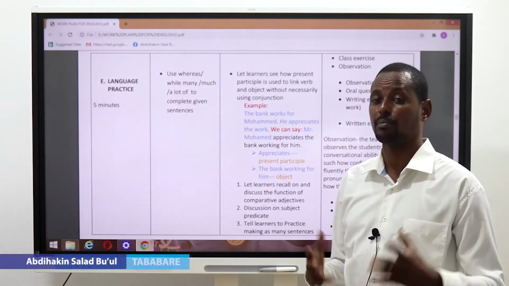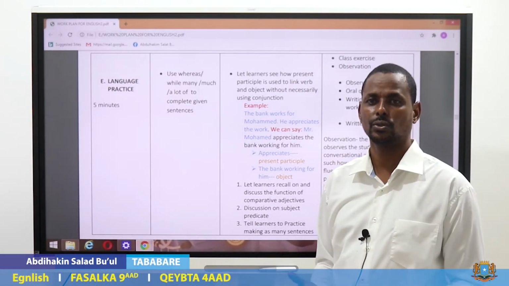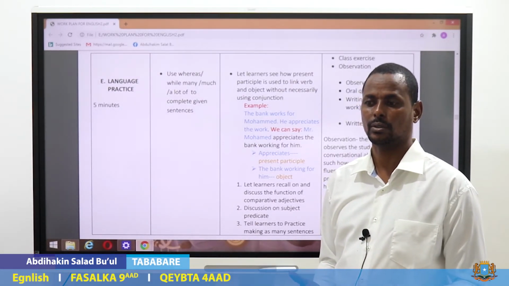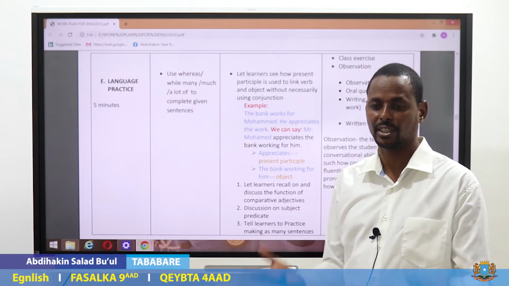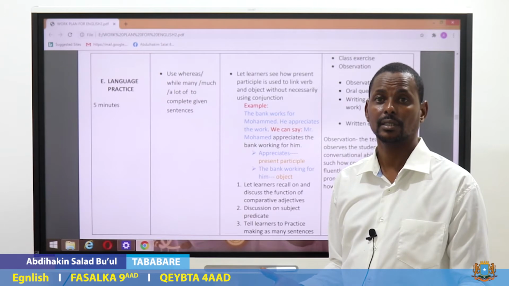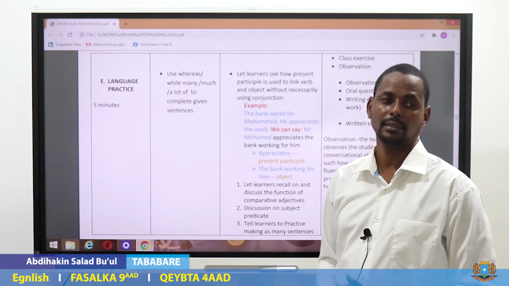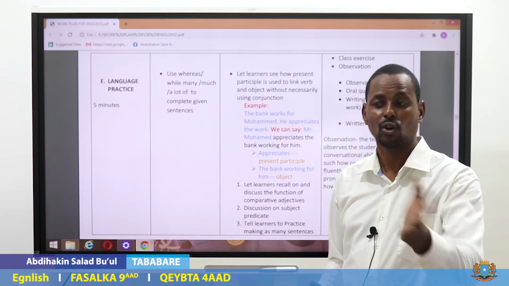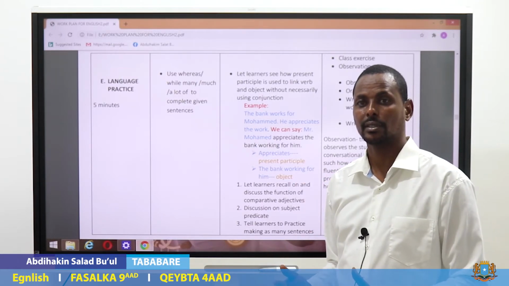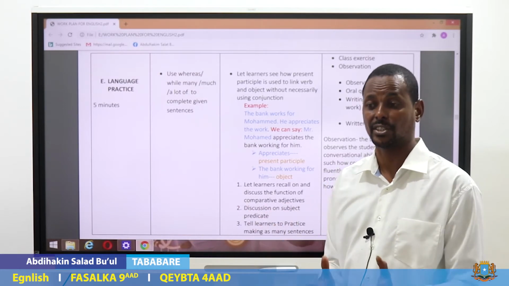What is the function of comparative adjectives? Ask the learners. You can begin by asking, what are adjectives? Adjectives are words, and so on. What are comparative adjectives? If I want to compare two things, as the name suggests, comparative.